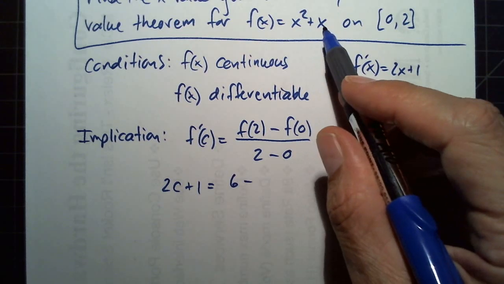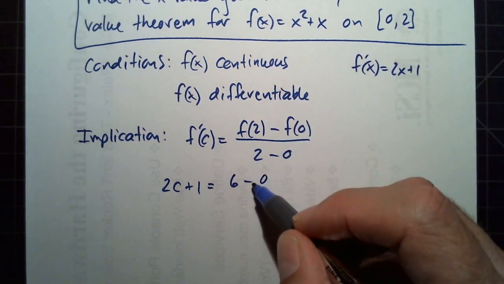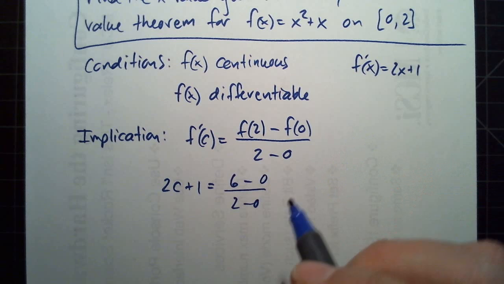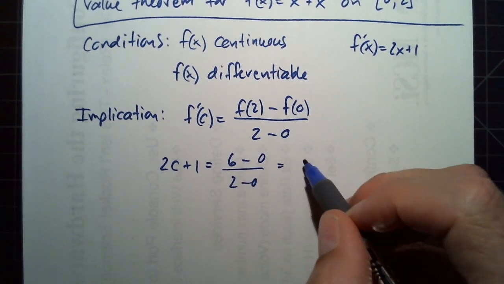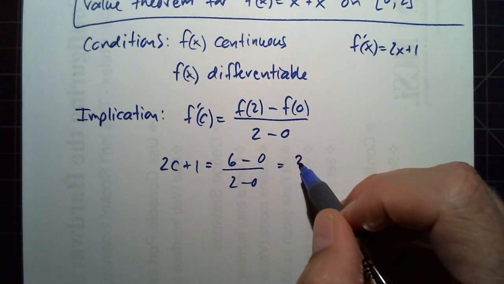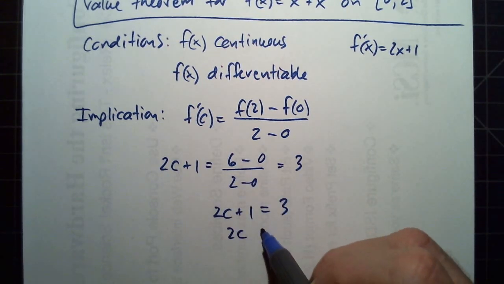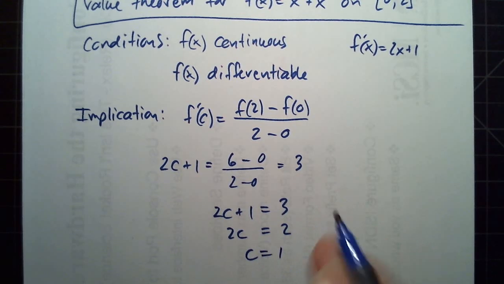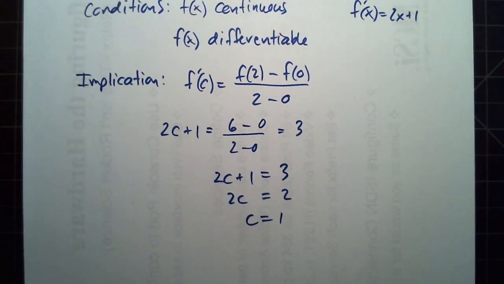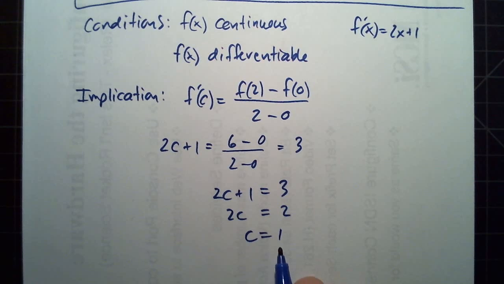Put a 0, f of 0 is 0. 2 minus 0. So we have 6 over 2, and that equals 3. And we have 2c plus 1 equals 3. 2c equals 2. C equals 1. And we've answered the question. This is the x value guaranteed by the mean value theorem.